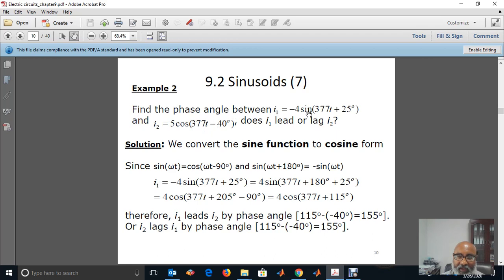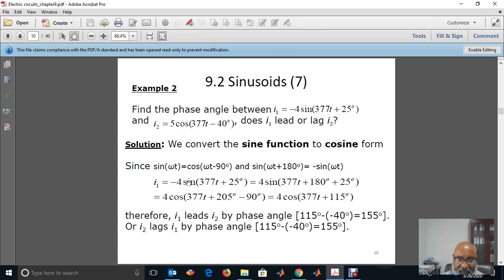We usually change to cosine form, so we change the first one to cosine. I have here minus first, using this identity, sine omega t is equal to cos(omega t minus 90), and sine omega t plus 180 is minus sine omega t.